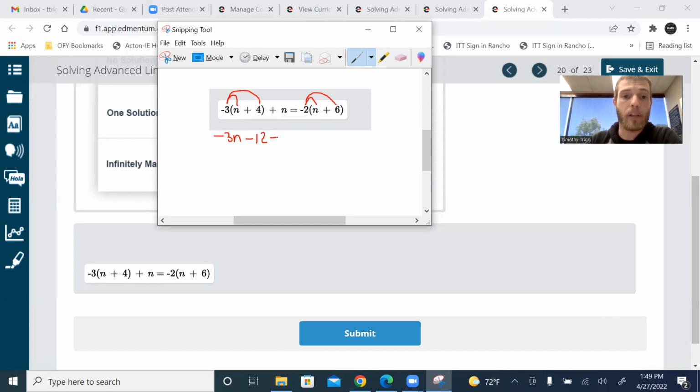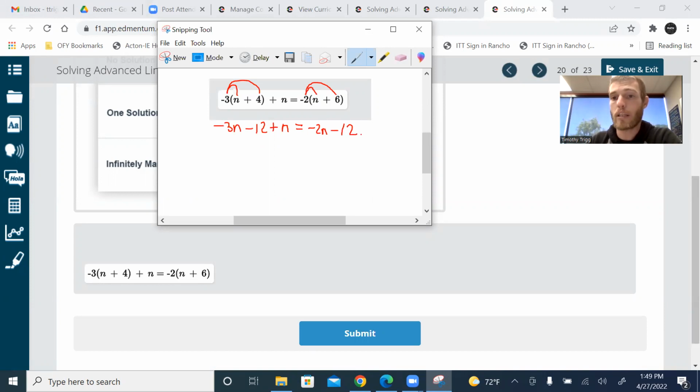We also have a plus n on this left side. That does not get left out. -2 times n is -2n. -2 times 6 is -12. I hope you're writing this all down and working them out as we go.